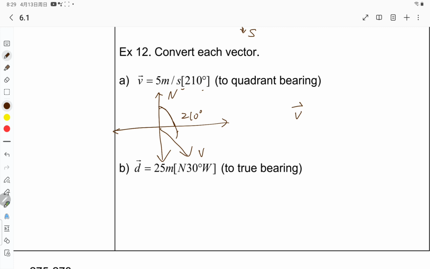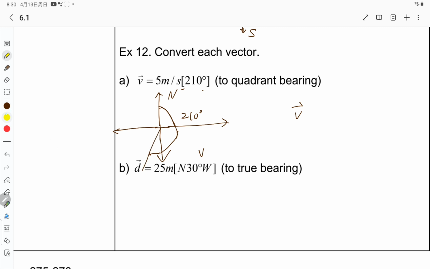Oh, sorry, 201, sorry, I drew it wrong. Did you discover that I made a mistake? 201. Because this is 180 degrees, right? So 200 is already going over here.